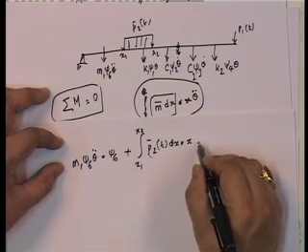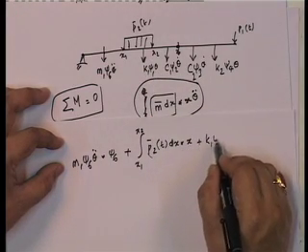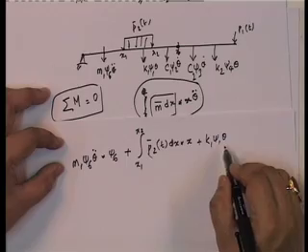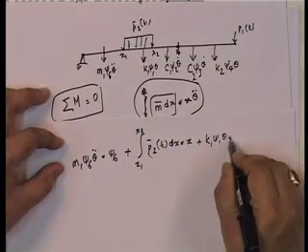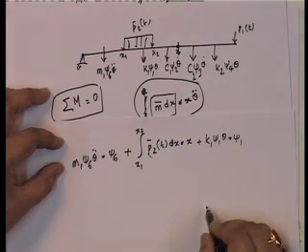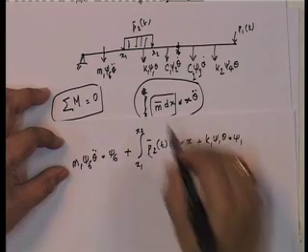Then I have this one, this is equal to k 1 xi 1 theta, and since xi 1 is the distance from this point, I am taking xi 1 as the distance. So, that is gone.